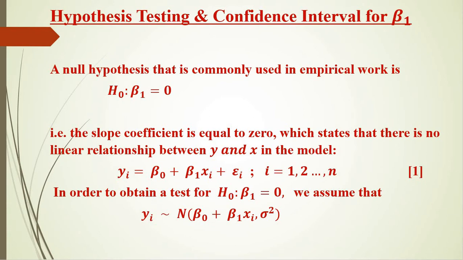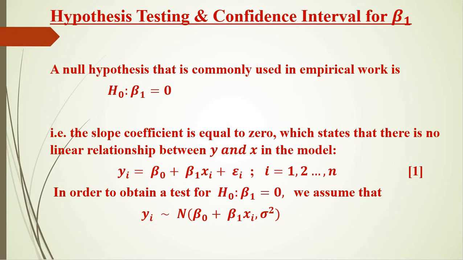So, for any empirical data, we usually set up a hypothesis such that H0, that is beta 1 equal to 0. Here beta 1 is the slope coefficient, and here we are assuming that the slope coefficient is equal to 0, which states that there is no linear relationship between y and x in the model.